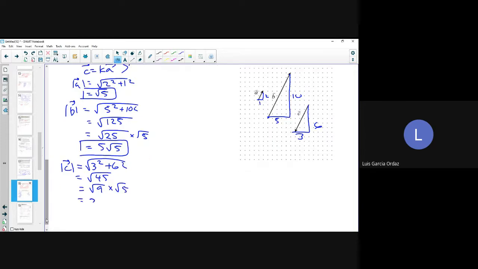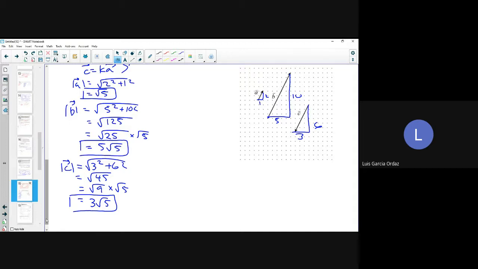This gives me 3 root 5, which means that vector C is 3 times the magnitude of vector A, except it's just going in the opposite direction.